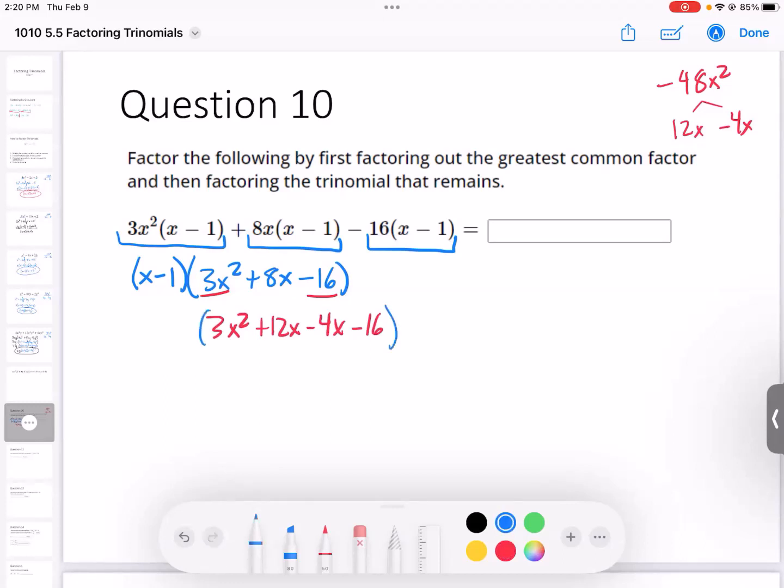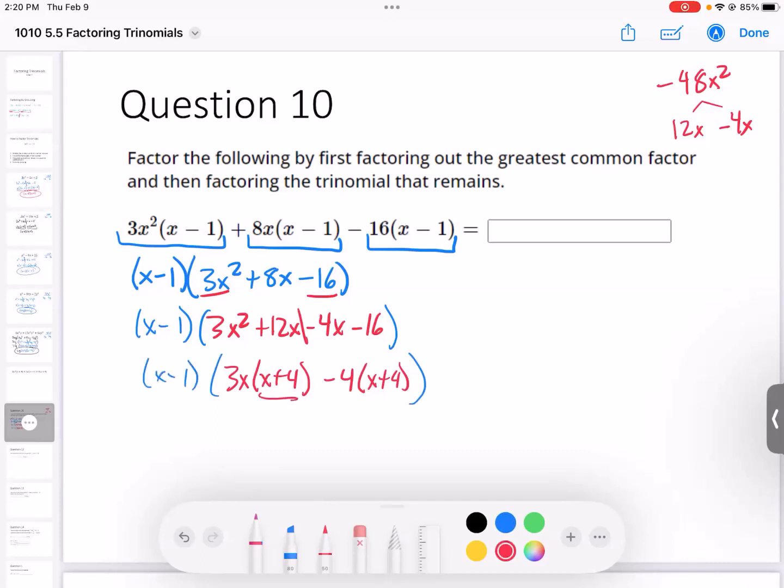And all of this stuff is still multiplied by the x minus 1 that I factored out earlier. Then I'll split these into two groups. My first group has a 3x in common. I'm left with x plus 4. My second group, I'm going to factor out a negative 4 so that I'm left with x plus 4. And again, all of that stuff is multiplied by x minus 1.